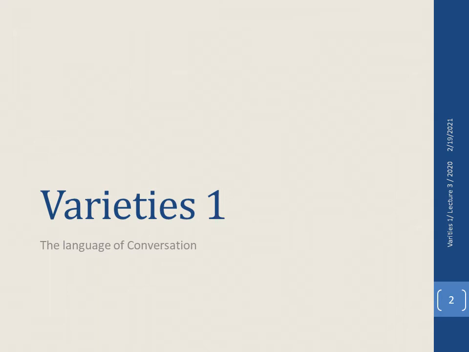So we saw again in the previous lecture that usually there are no well-formed grammatical sentences in conversation. That is, many sentences do not have subjects, or the sentence is suddenly interrupted without having been completed.